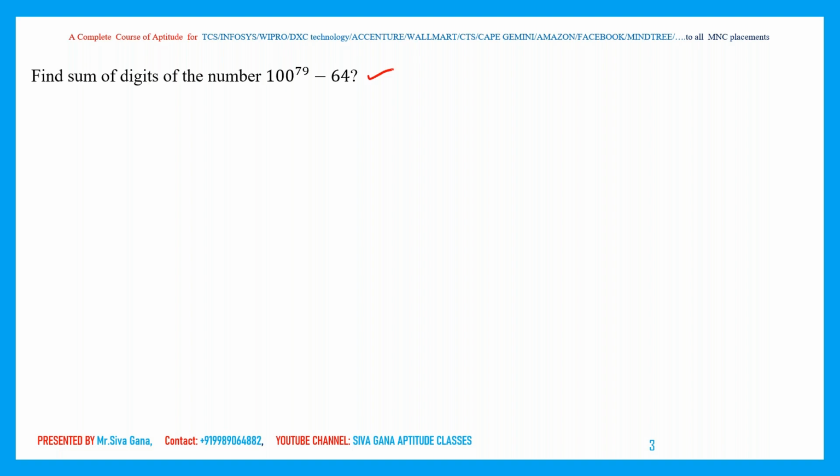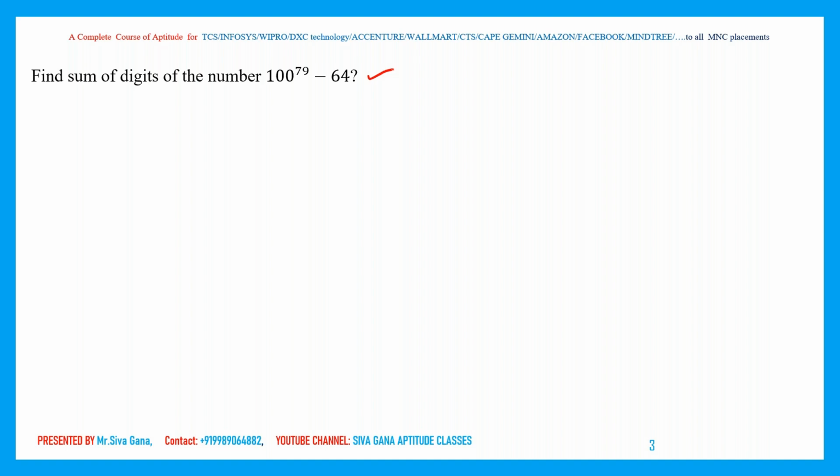The first and foremost thing is, if the number is a bigger number and you are not getting the logic, try to take a similar kind of number which is very small and perform the same action. This is one of the best ways to crack aptitude questions.